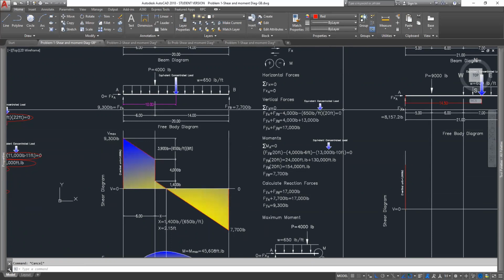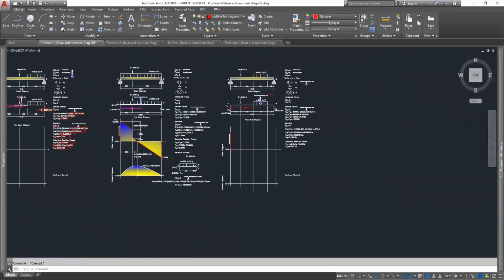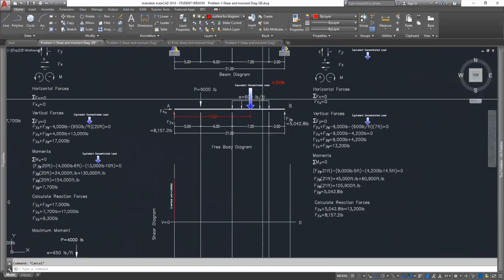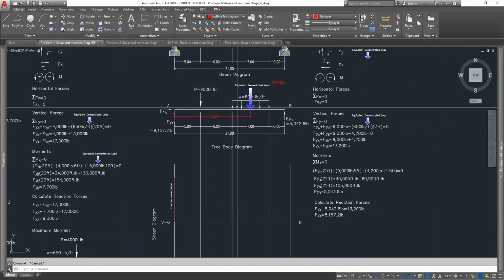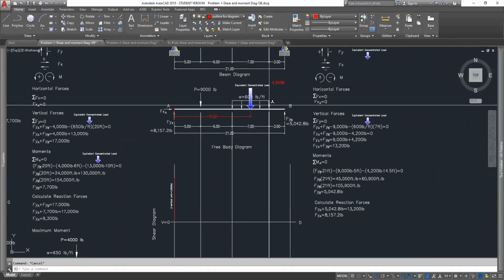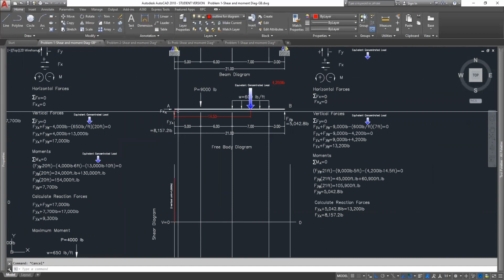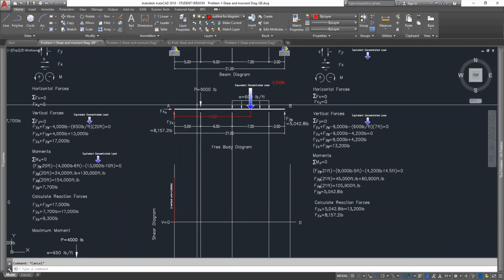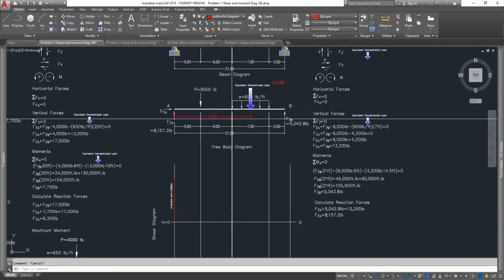We're going to do the same thing on our problem in here, but we don't have a distributed load all the way across the beam. We only have it from here to here. So there's only critical events occurring here and here, nothing in between. We are not adding a distributed load anywhere else.